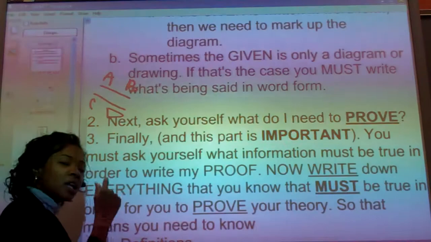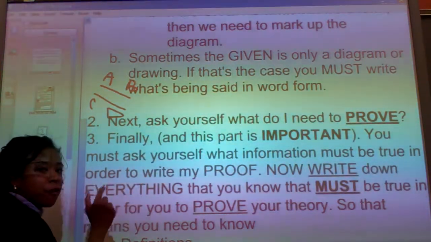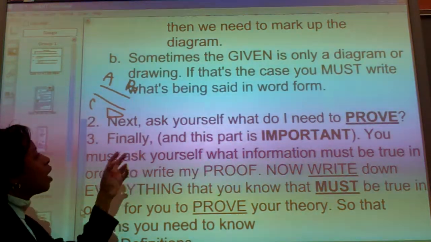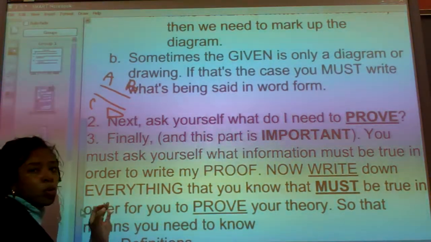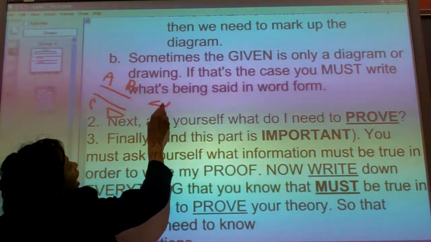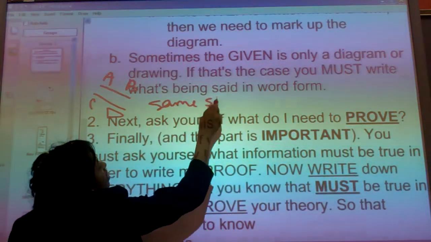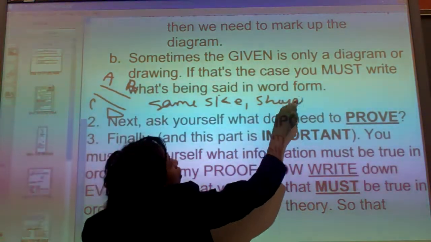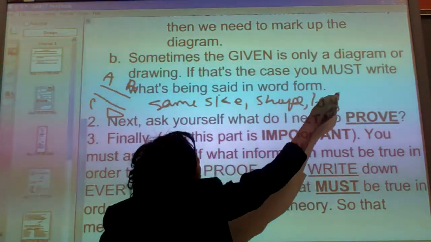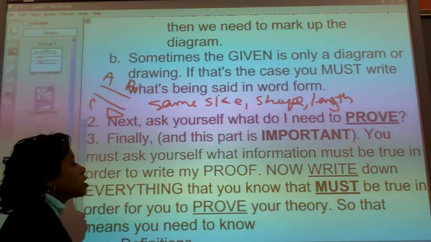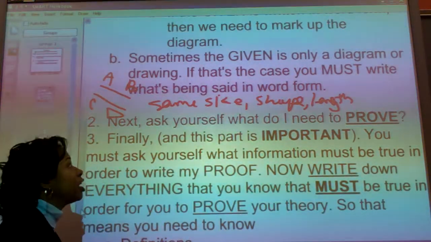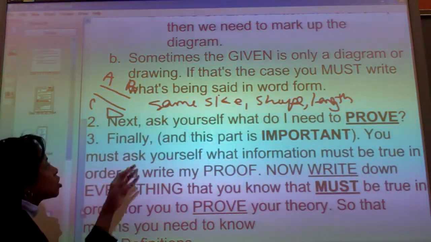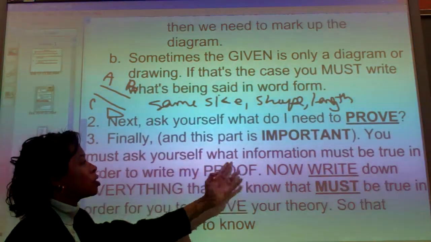You have to immediately start thinking, what information do you know about 2 segments being congruent? In other words, I say, oh, definition of congruent segments means they are the same size, shape, or length, and length, I should say, and length. So I immediately start thinking about the definition of 2 congruent segments.